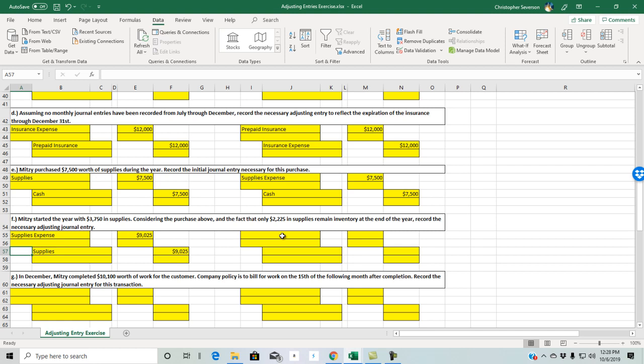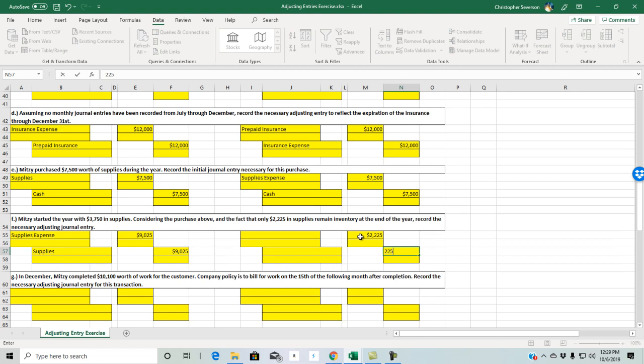have already reported $3,750 in supplies expense in some previous entry, and then now we just recorded $7,500 in supplies expense. So what we need to do with this journal entry is basically move the portion left in supplies back to supplies and out of supplies expense. We just said only $22.25 is left in supplies, so that's the amount we need to move.